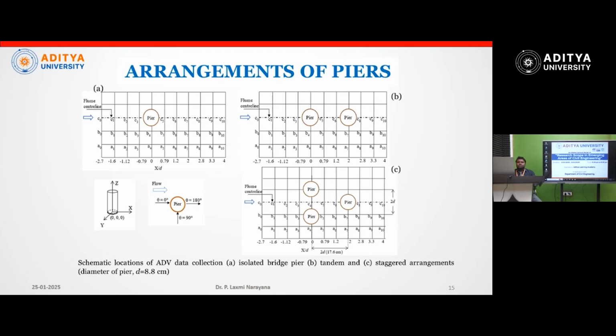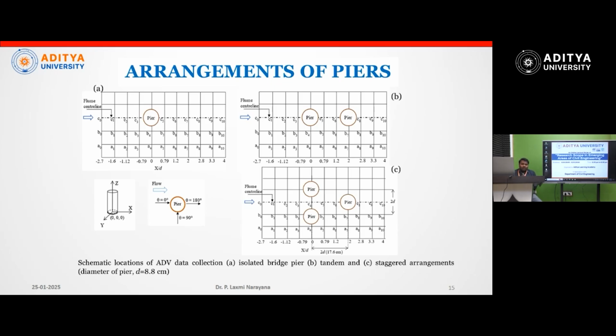In these arrangements, these are the different grids which we need to develop first, where we need to collect the data. In the open channel, to compute local scour and turbulence, we require two data sets: one is ADV velocity signals, another is bed elevations. To detect the velocity signals, we have the acoustic Doppler velocimeter, called ADV.